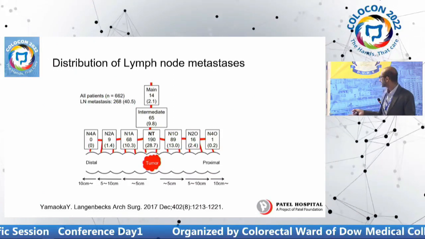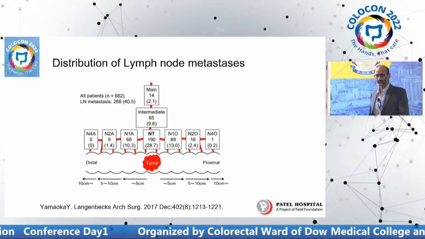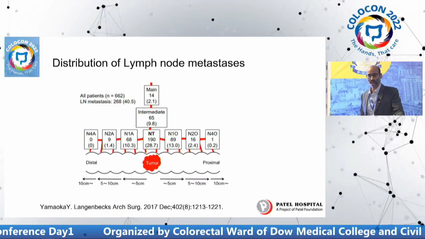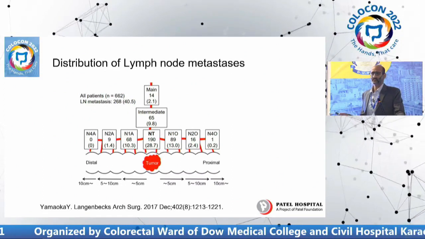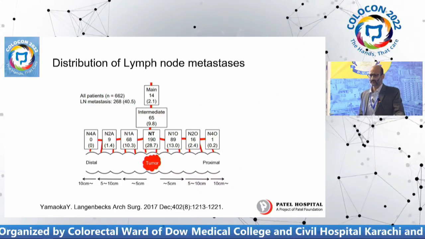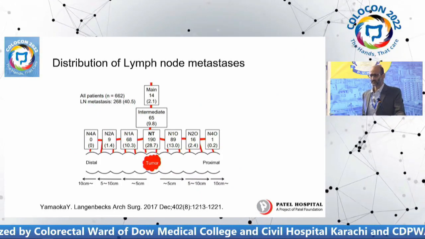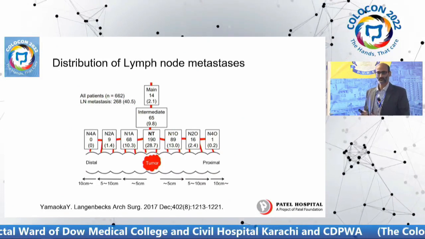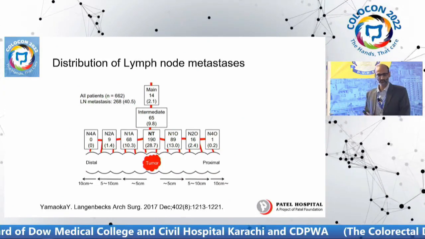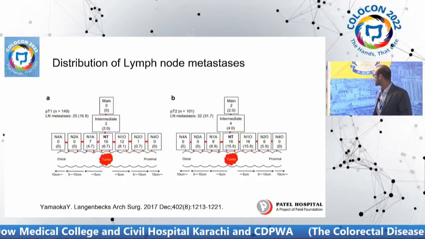And proximally, only 0.2% of the lymph nodes were involved beyond 10 centimeters. That's why the Japanese classification and guidelines recommend only a 10 centimeter margin, and the European or Western CME specimens usually have a larger specimen than that.